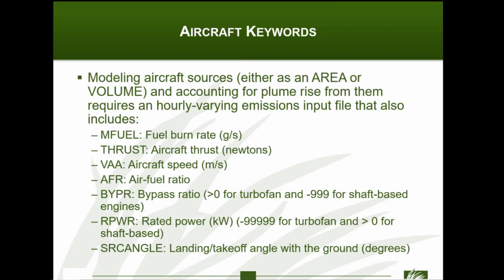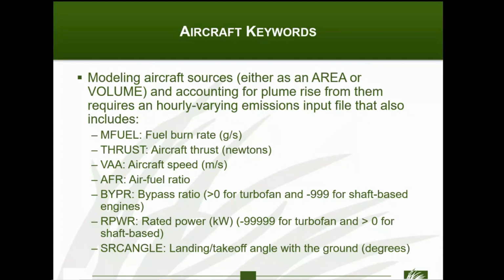Finally, we have SRCANGLE, which is the landing takeoff angle with the ground, in degrees. So again, if you want to account for plume rise from these aircraft takeoffs and landings, you'll have to have an hourly varying emissions file to go with each of the sources. We're not going to go through that here, but I just wanted to point out that it has to be included.